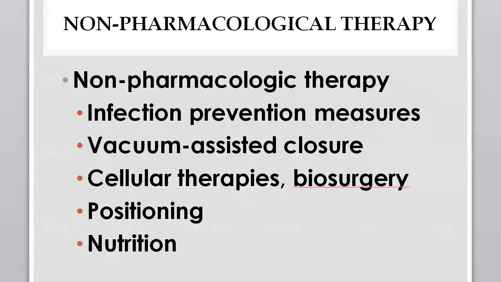And of course, with non-pharmacological therapy, there's also the possibility of pharmacological therapy, which you're learning in Nursing 123, such as antibiotics and growth factors. With some of these wounds comes a lot of pain and discomfort, so of course, we manage their pain medications as well.